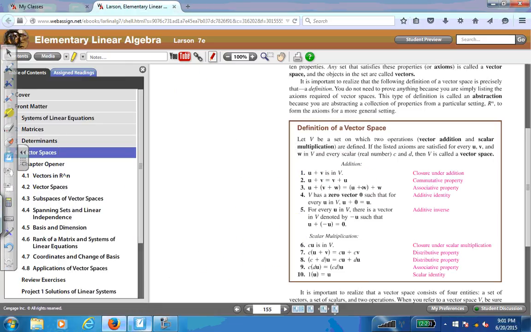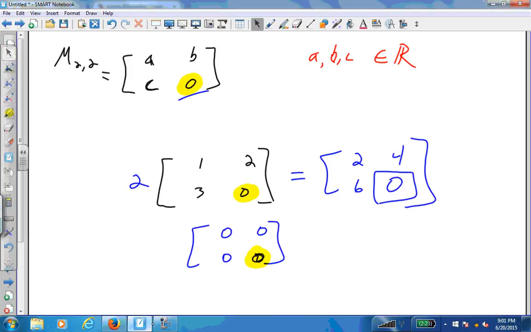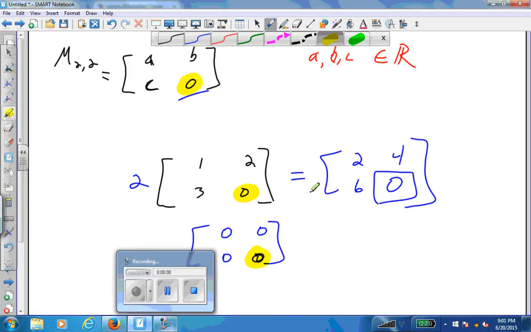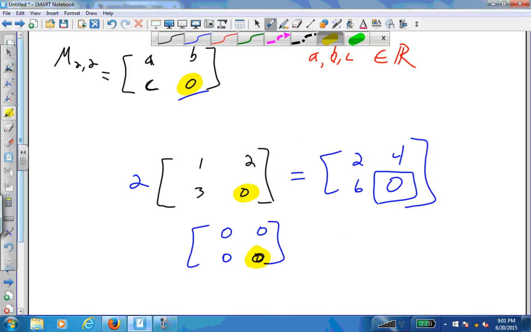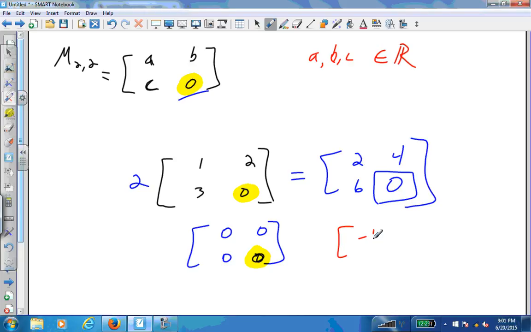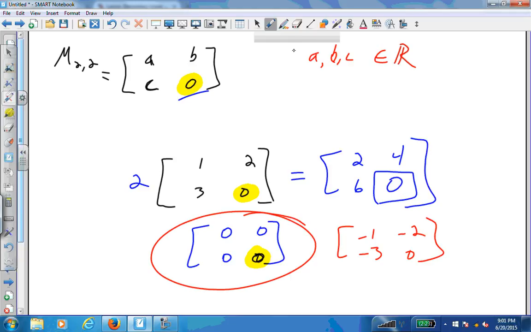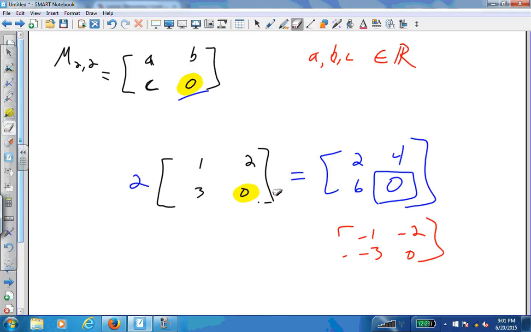So all of those are good so far. We have an opposite. If we take that, okay, -1, -2, -3, 0. That's in the set. Sorry, I circled the wrong thing.